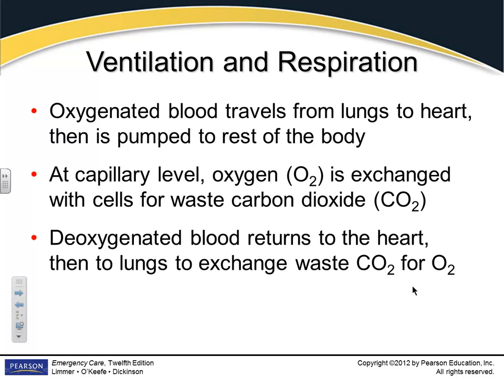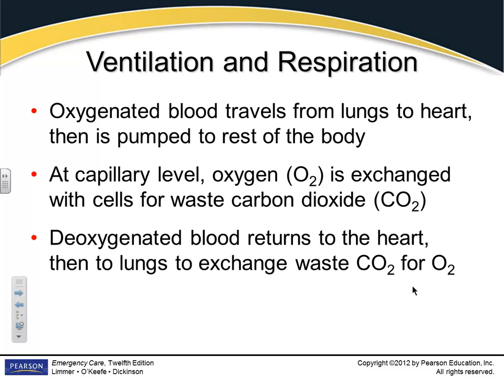The oxygen jumps off, goes where it's needed. And what does it bring on? Carbon dioxide and other waste products. And then it travels back through what system to get back to the lungs? The veins. Do veins carry oxygenated blood or deoxygenated blood? Who walked into that trap?